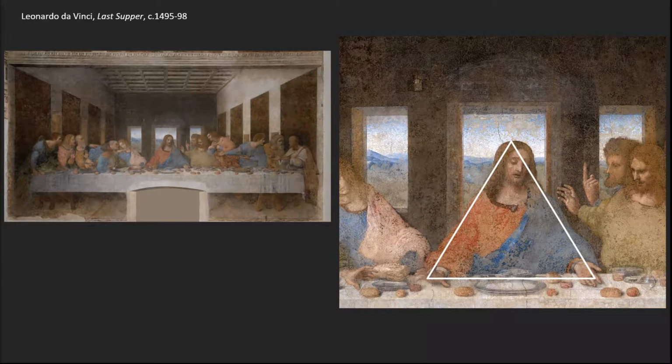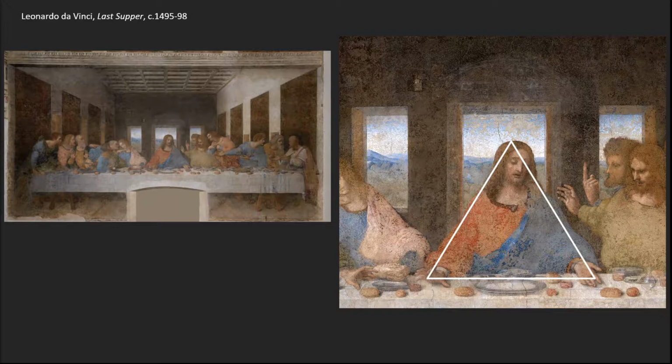Well, the idea of threes that we see here with the window and Christ is picked up as well throughout, because what we see as we look at the rest of the composition is that as Jesus makes this proclamation, what Leonardo's interested in, telling this in human terms, is how the apostles reacted to this message.